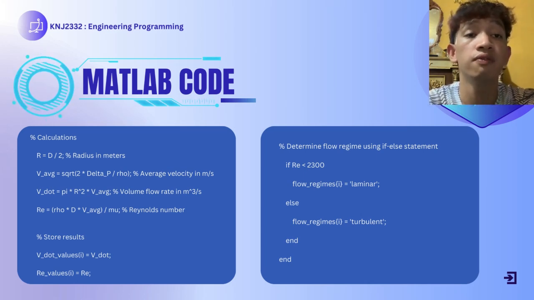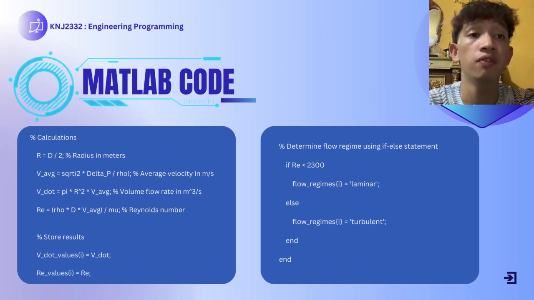For volume flow rate, V dot is equal to pi times radius R squared times V average. For Reynolds number, Re is equal to rho times D times V average. Then I store the result: V dot values equals V dot, and Re values equals Re.